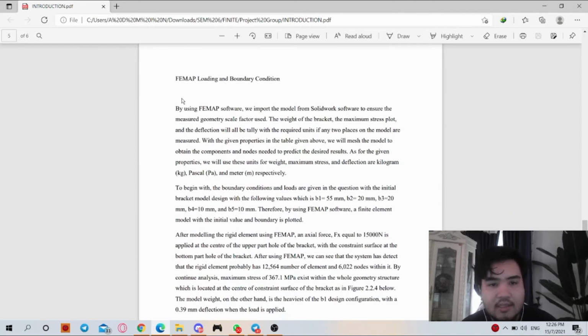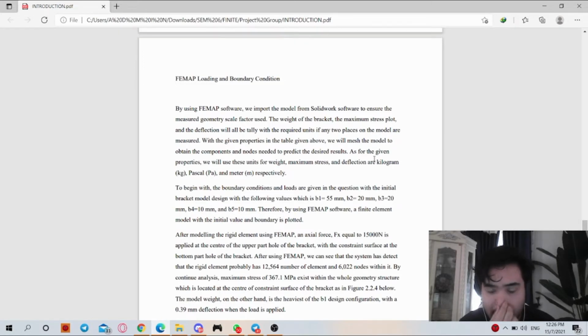Then this is our discussion about loading and boundary conditions. By using the finite element software, we import the figure that we made in SolidWorks to measure the geometric scale factor used. Given the properties above, we will mesh the model to obtain the elements and nodes needed to predict the desired result.